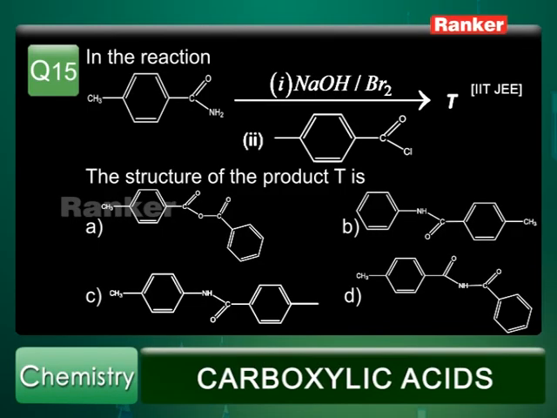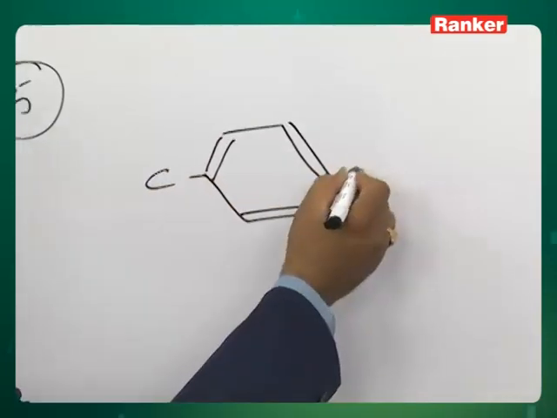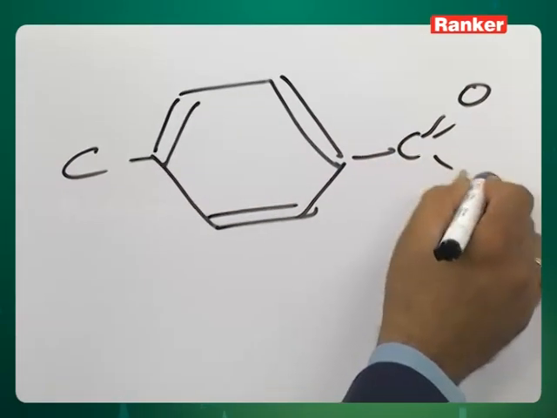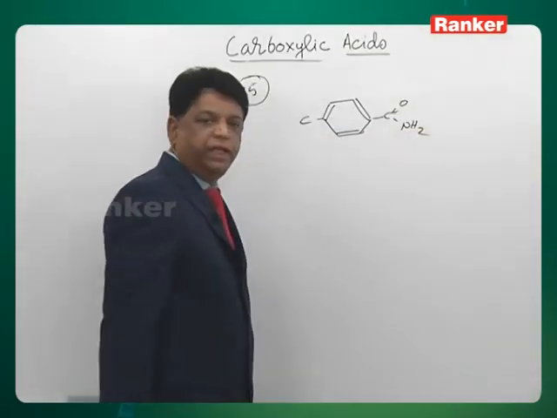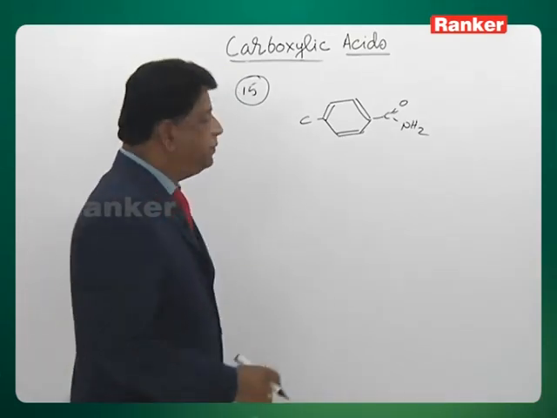Then the question is actually a compound, an amide containing a nitro group at the backside, a methyl group at the backside. A reaction is given, an amide with a methyl group, CONH2, is treated with bromine and sodium hydroxide, and that product is subsequently treated.